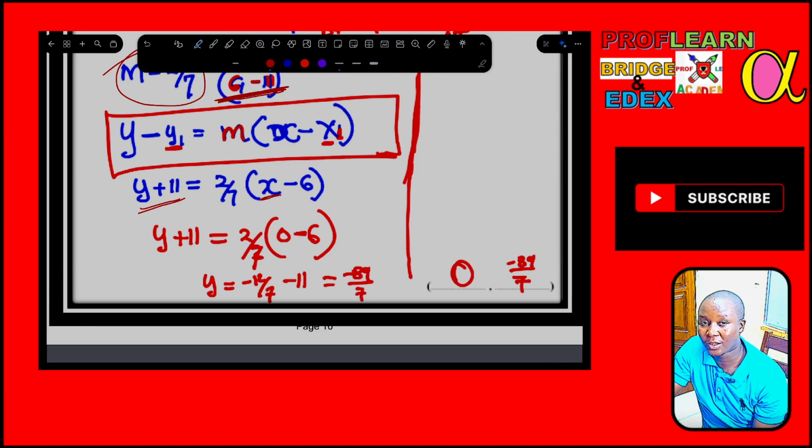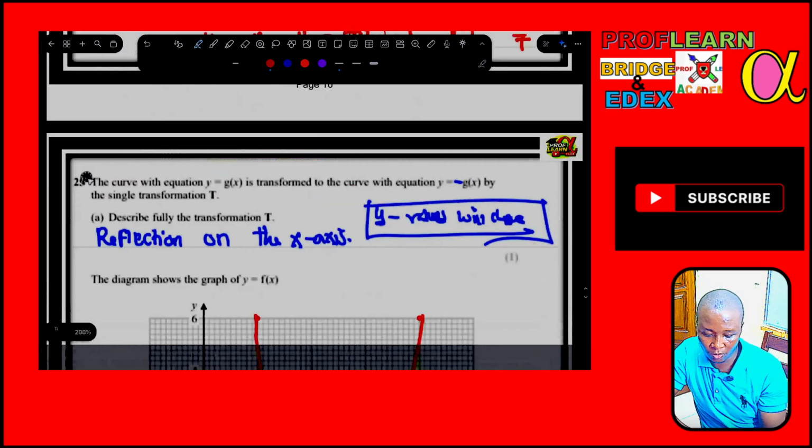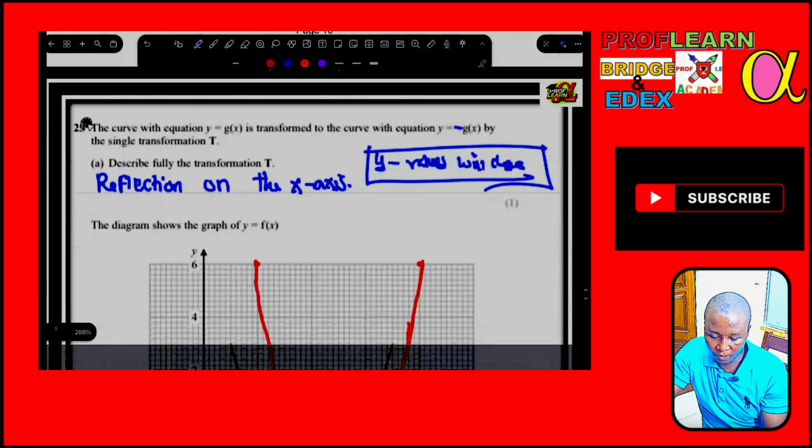We are just interested in the coordinate, so I did not continue to finish this equation. I just plugged in 0 where I have x, because on the y-axis x is 0. Then you get your y coordinate to be -89/7. So that coordinate is (0, -89/7), like that.